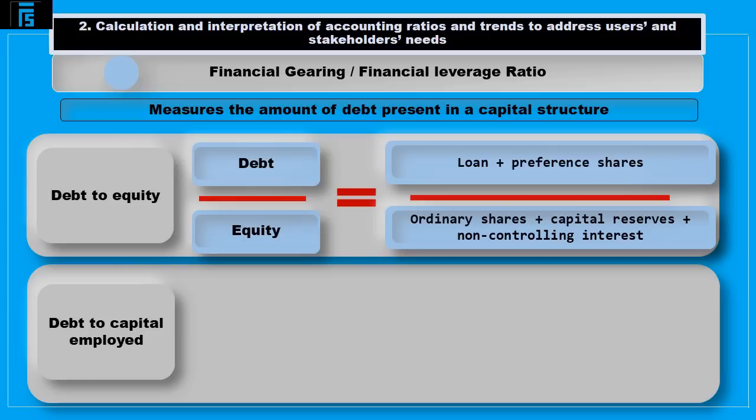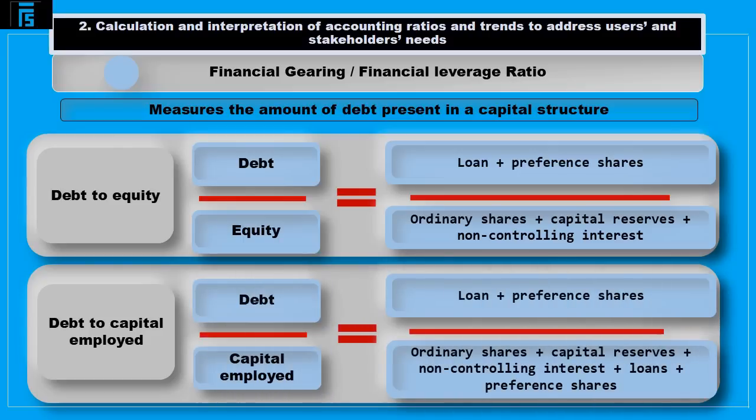In the second case, the numerator of the fraction stays the same, but the denominator is additionally increased by the sum of loans and preference share capital, that is the same items as in the numerator. As you can see, both versions of the gearing ratio feature debt in the numerator, which is composed of loans, that is all instances of interest-bearing debt, but not, for example, trade payables, which typically carry no explicit interest.